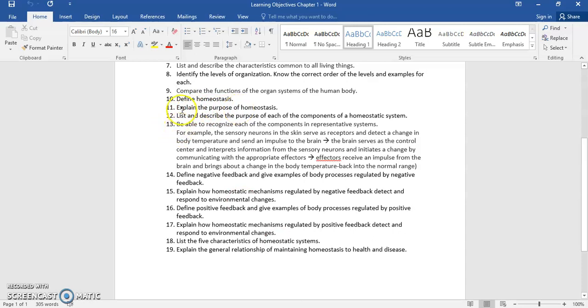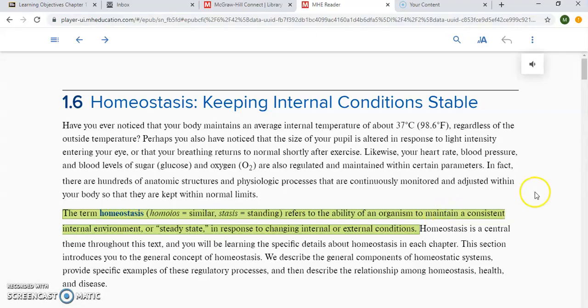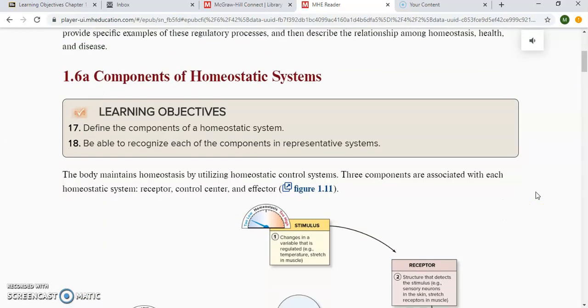In this video, we're also going to describe the control system for homeostasis. There are three components to every control system in the body that are needed to maintain and control homeostasis, so we're going to talk about those three parts. We're going to go back to our textbook because it has a nice little picture that shows it.